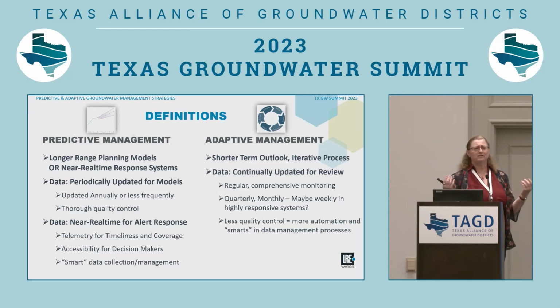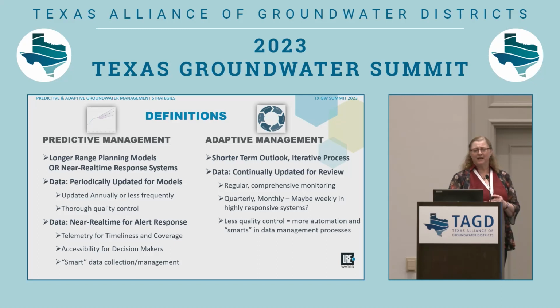And they require very different kinds of data to support and different kinds of tools. And you can certainly blend them together, but when you're talking about predictive management strategies, like I said, you're looking at big amounts of data and you're really scrubbing it carefully, or you're looking at telemetry for those alert response type models, and you're creating some very smart automated ways of collecting that data and serving it up quickly so that you can be confident in it.